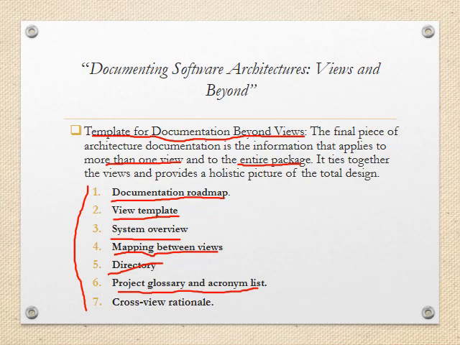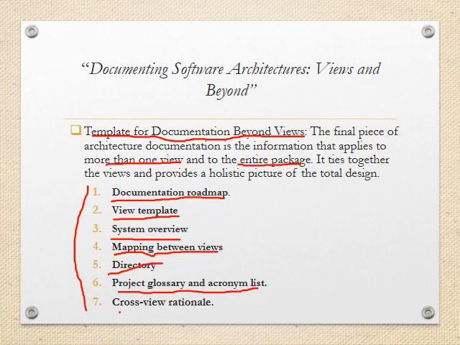The glossary and acronym list define terms unique to the system that have a special meaning. These lists, if they exist as part of the overall system or project documentation, might be given as pointers in the architecture package. They are lists of acronyms or keywords that are related to the system or have a special meaning for the system.